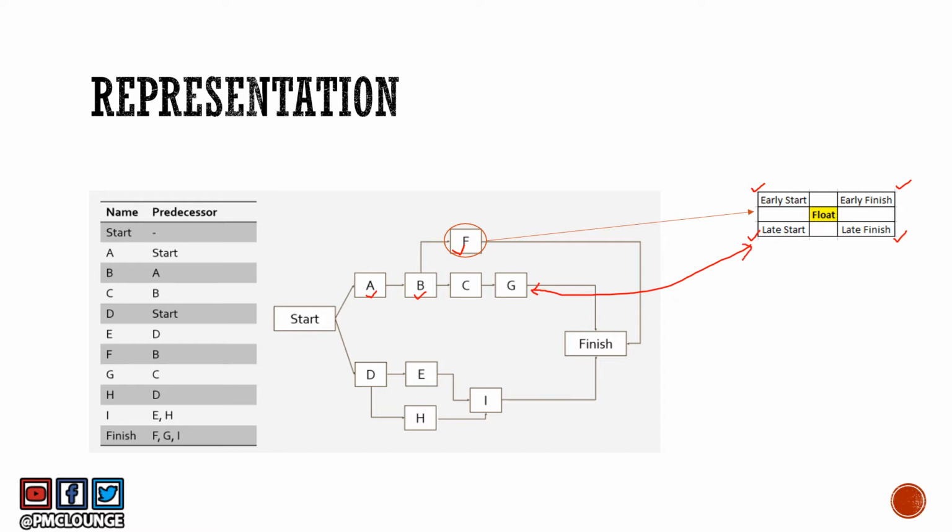So don't be surprised if you see a network diagram that has, let's say, the activity G with some numbers written on all four corners and another number written in the middle, which is the float value. Don't be scared of that. That is also a network diagram, a network diagram with activities that has numbers and values and has boxes like this.